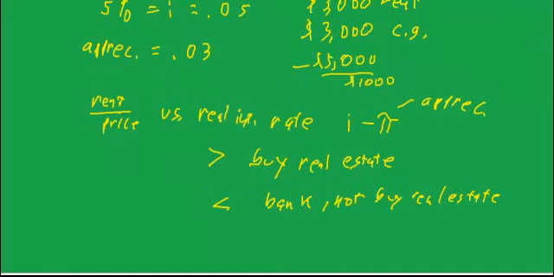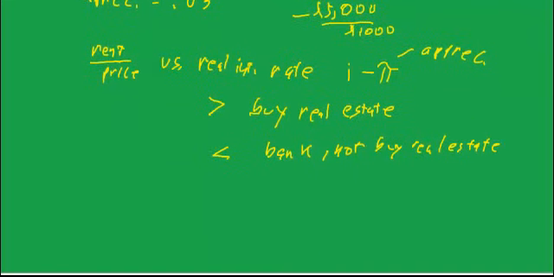It does need to be modified in the real world. An important issue is property taxes. Property taxes might be, let's say, 1.5%. So there's $1,500 that you'd have to subtract from the rent.